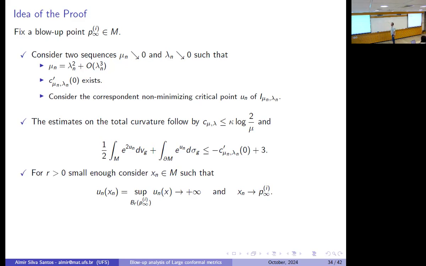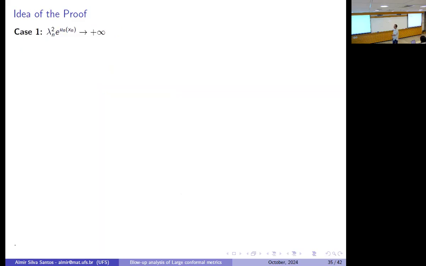You consider a sequence of points on the manifold in some neighborhood such that the function attains the sup, the maximum, in this ball. This point x_n is in the interior of this ball and converges to the blow-up point. So we divide this analysis into 2 cases.